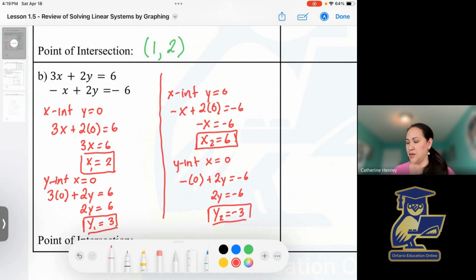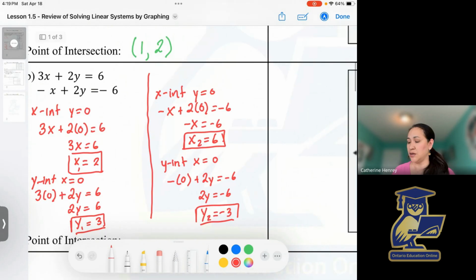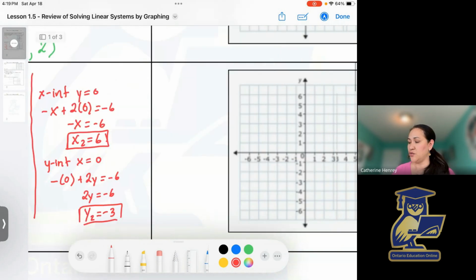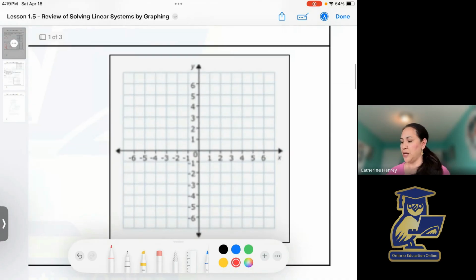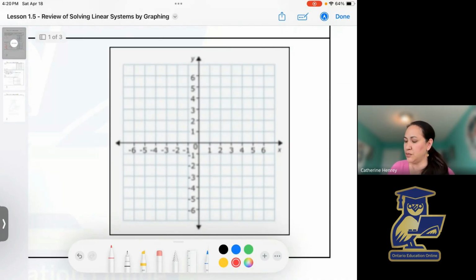So with these intercepts, let's go ahead and graph both of these two equations on the axes. For the first equation, we had an x-intercept of 2 and a y-intercept of 3. And so I'm going to draw in my line between these points.